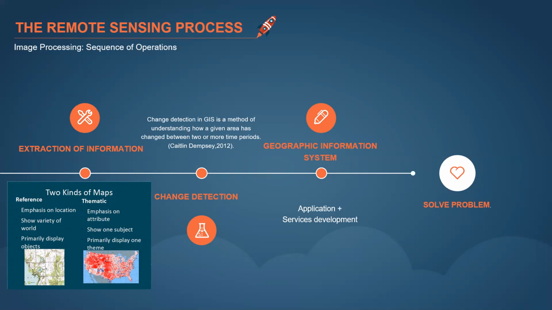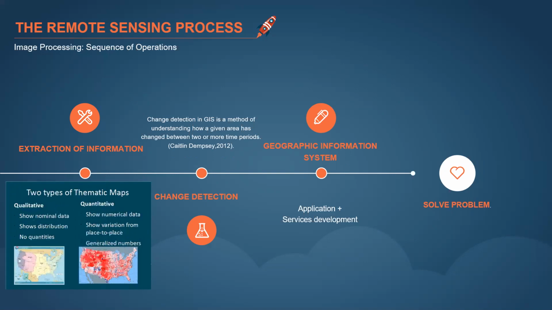Typically, a thematic map will display information pertaining to a single subject and will emphasize the spatial patterns. If we drill down into the thematic map kind, there are two types of thematic maps, qualitative and quantitative.